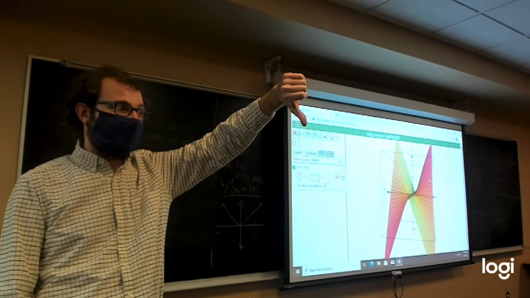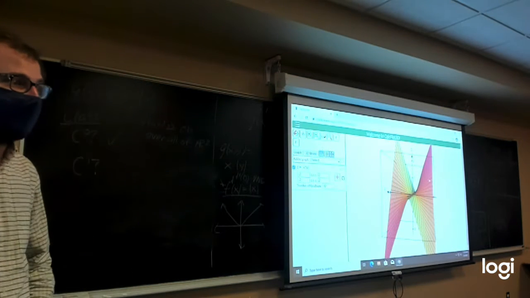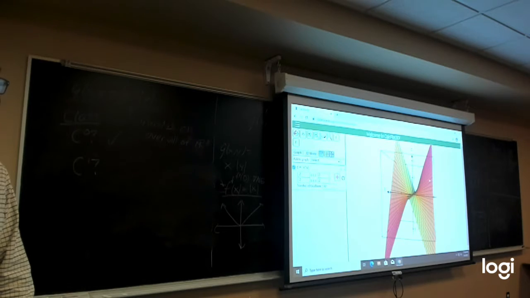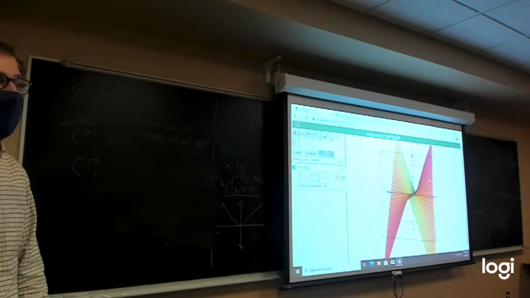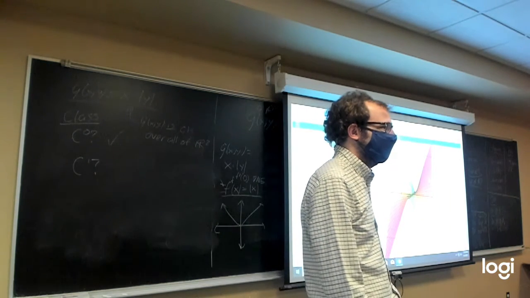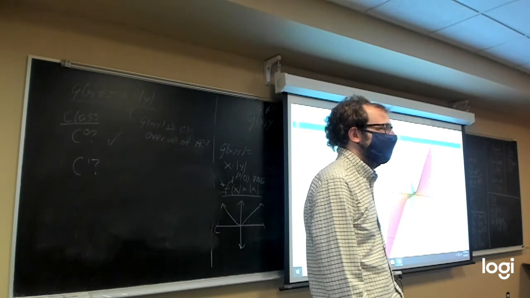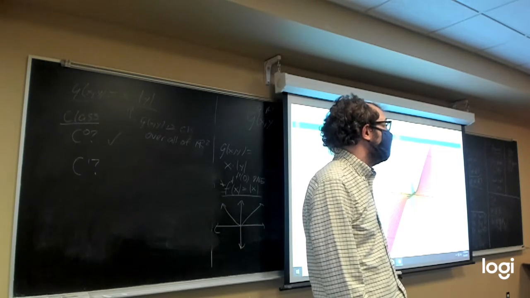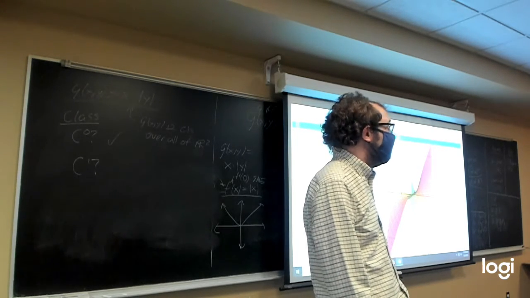Or thumbs down for nope, this is not going to be a C1 function. Interesting. Katie, I notice you've gone back to saying thumbs up for this now. Well, now I realize that f prime of 0 doesn't exist, so it's not really in the domain at that point. Ah, it's not in the domain. 0 is not in the domain of f prime.